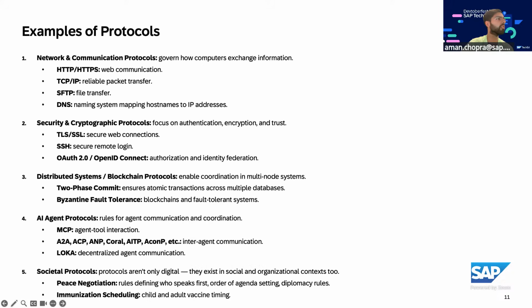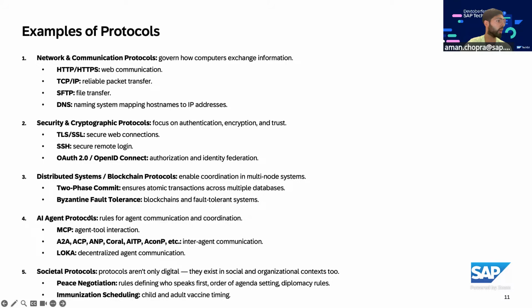And if we look at some examples of protocols, we have dozens that exist across various domain areas like networking, security, distributed systems, blockchains, and even society. So if we go to networking protocols, we have our HTTP and HTTPS protocols for web communication. We have TCP/IP for transferring your data packets, SFTP for file transfers. And then security and cryptographic protocols, we have TLS, SSH, we have OAuth protocols.